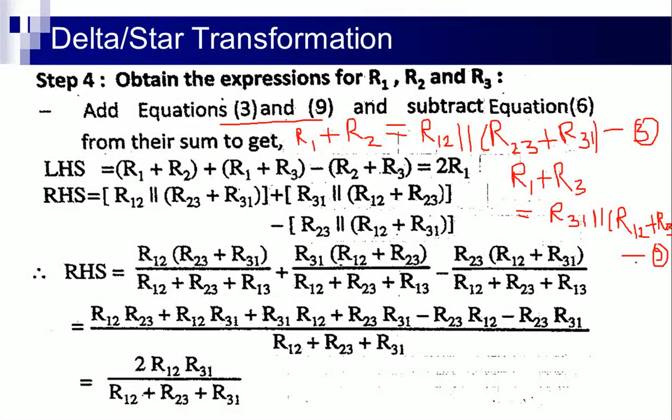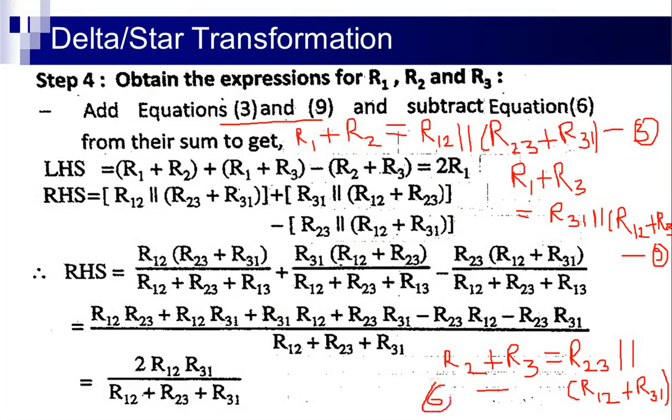And equation number 6 will be R2 plus R3 is equals to R23 having parallel combination with R12 plus R31. So this equation is equation number 6.